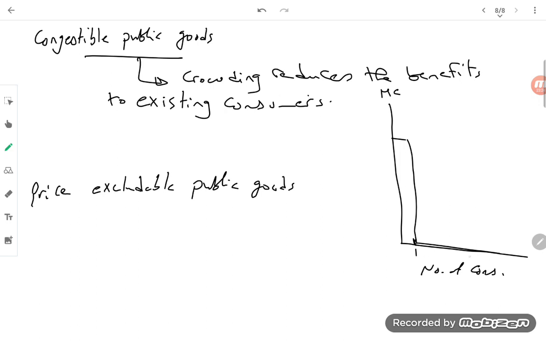But in case of congestible public goods, after the crowding point or congestion point, the marginal cost is no longer zero and it's going to be positive.